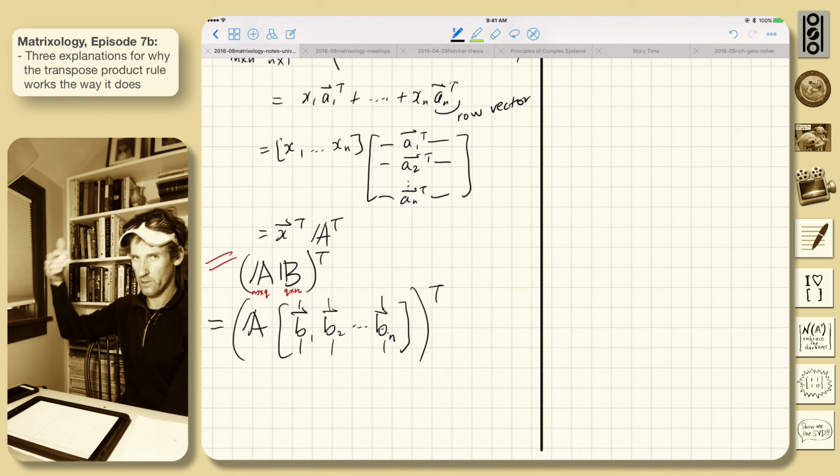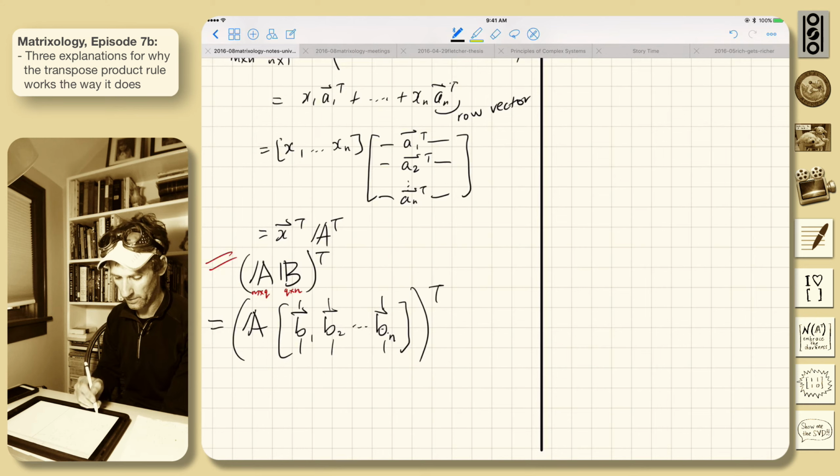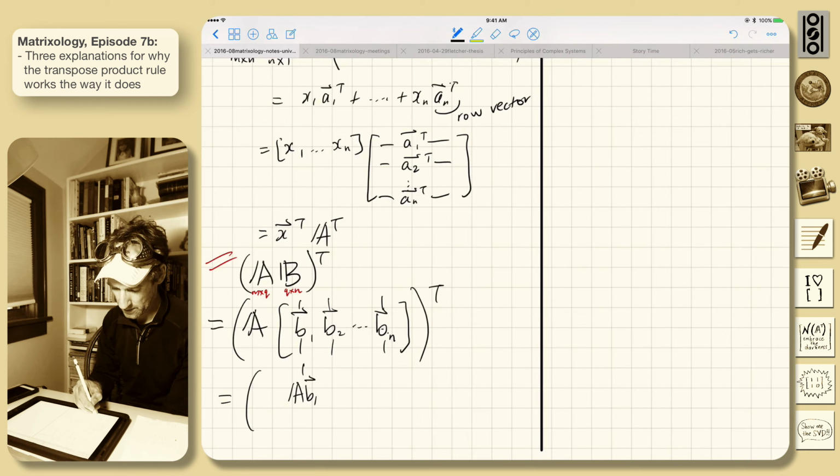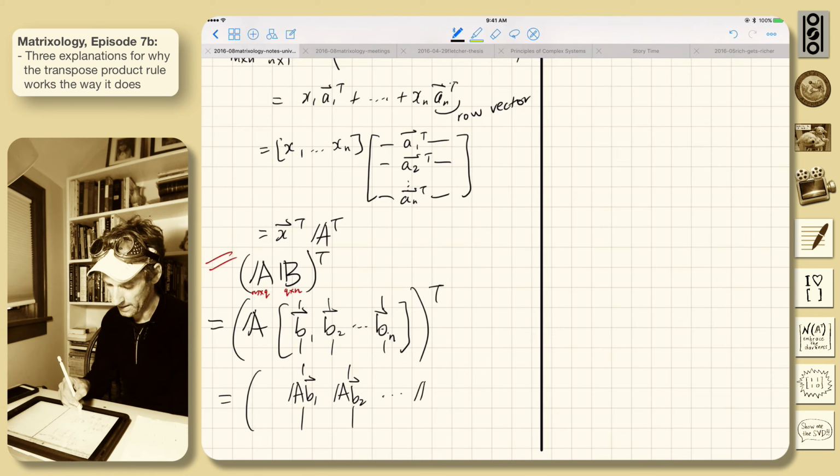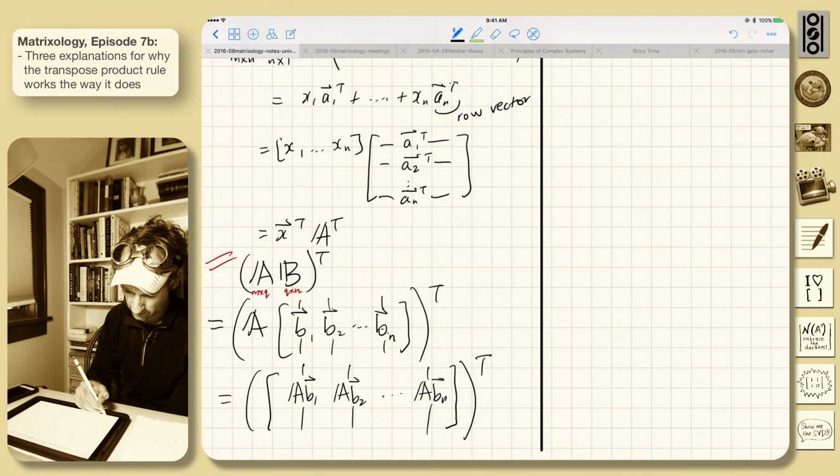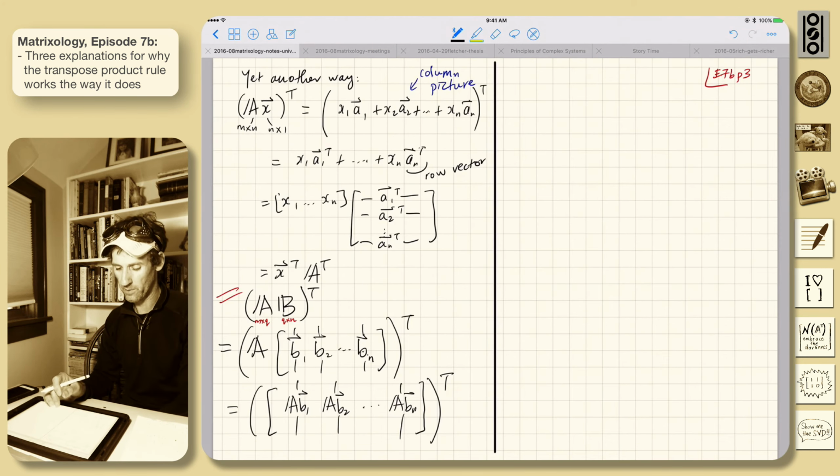And we know we can just multiply in and the A will hit each column. So there'll be A times B1, A times B2, A times Bn, all transposed. And this is all in a nice big matrix. That was one of our results if we're multiplying from the left.